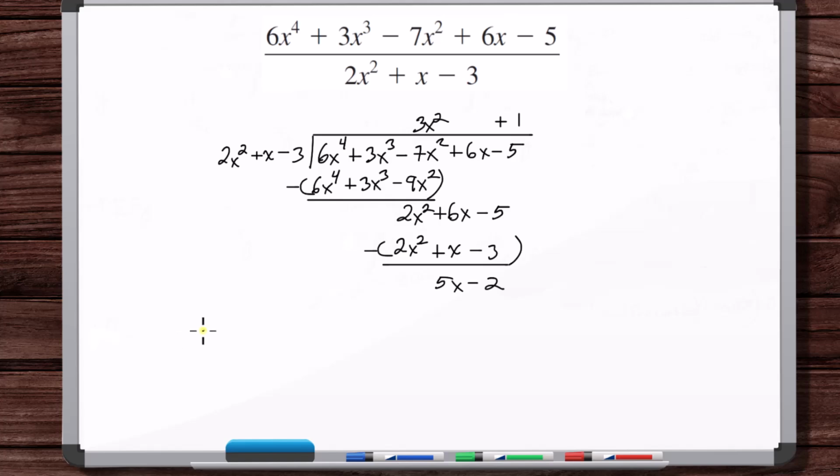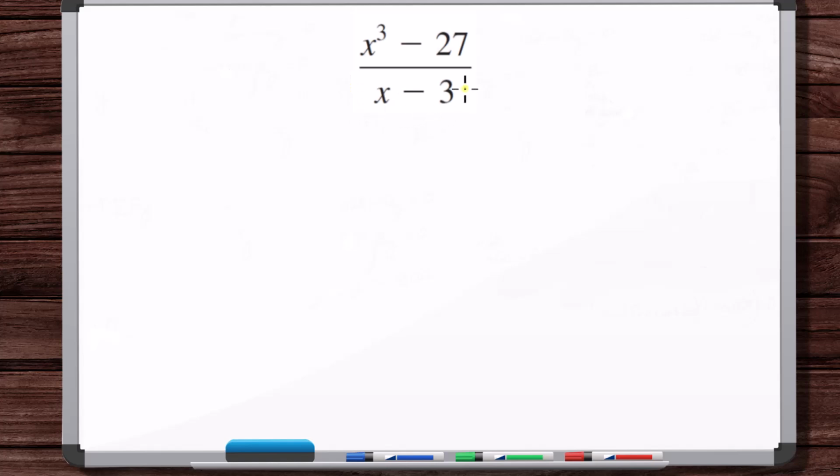So what we've got is, we can write it actually right here, 3x squared plus 1 plus, and then okay, so here's the dividend, here's the divisor, here's the quotient, and then the 5x minus 2 is the remainder.